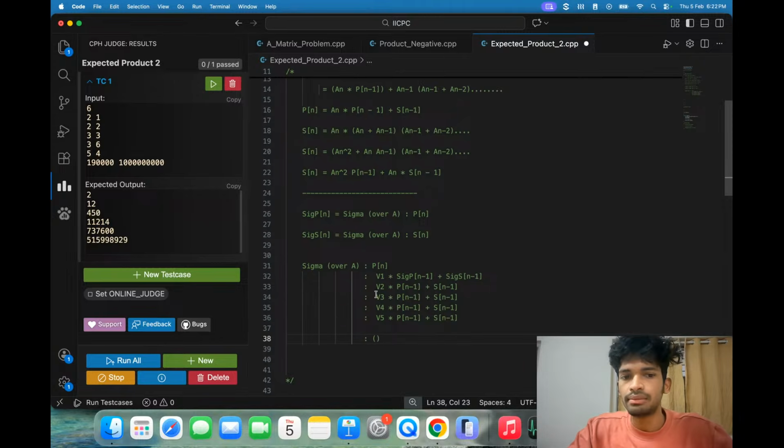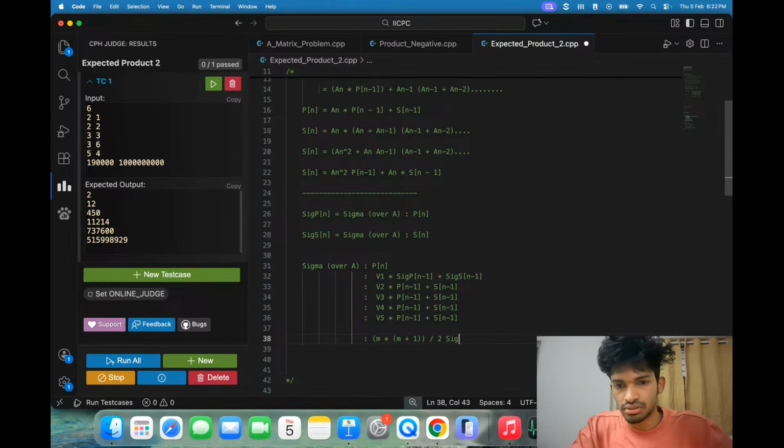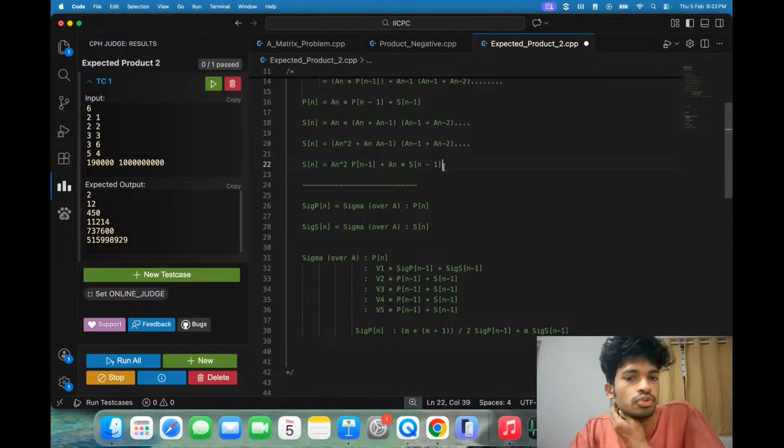This is sig P times m times m plus 1 by 2, which is nothing but v1 plus v2 and so on, right? That times sig P of n minus 1, plus how many different values are there? M values are there. Sig S of n minus 1. So this is sig P of n. We have to write such a thing for sig S of n.